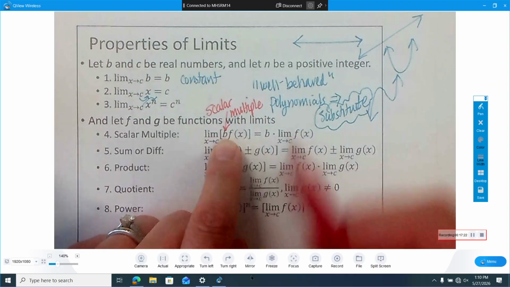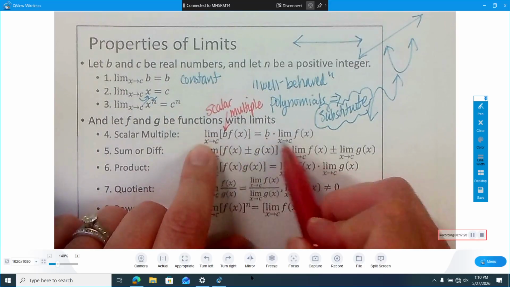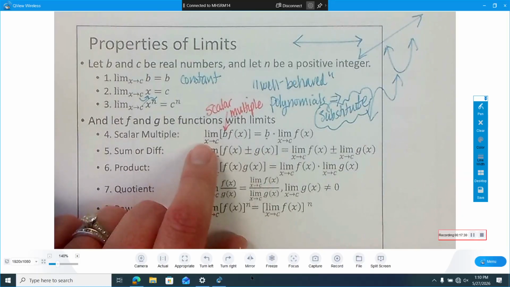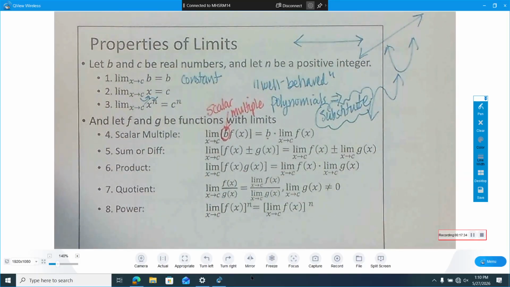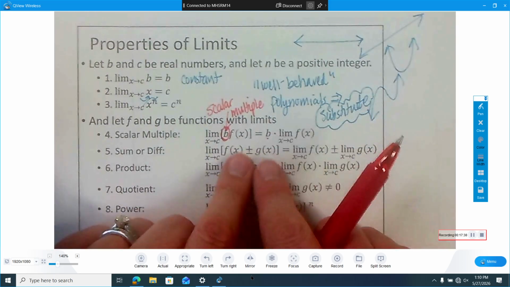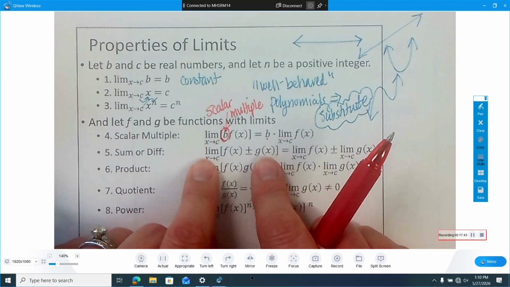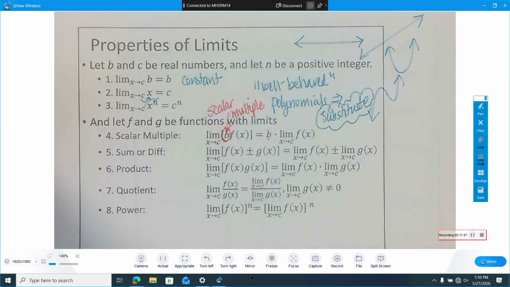I get to pull it out in front, and I can just take the limit of my function f of x, and then multiply it by that scalar multiple. Recognizing a scalar multiple is going to be a very good skill because we're going to need it later. If I have two functions that we're adding or subtracting and I want the limit of them, I'm just going to take the limit of each function and then add those limits together.